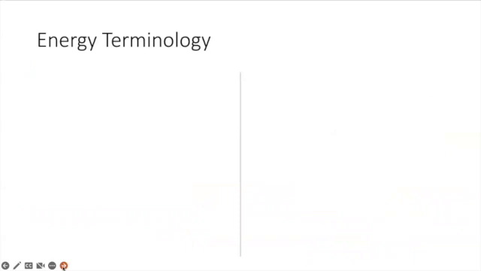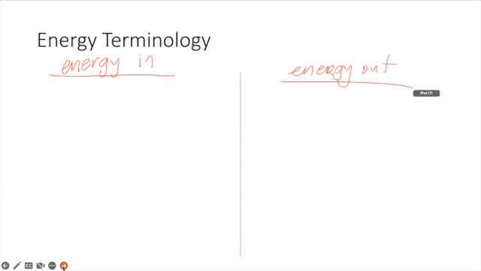So we're starting to put together a bunch of terminology for the endothermic and endergonic and spontaneous reactions and all that jazz. Basically, let's organize it. We talked about energy in and energy out, right?